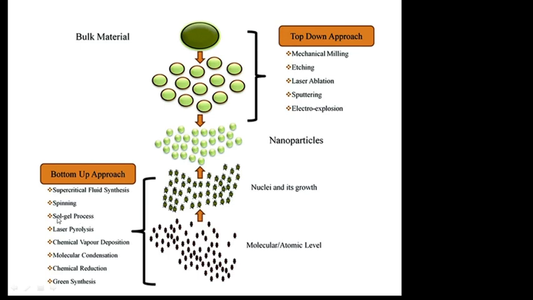It's a solid gel crystallization and growing up of molecules in a chemical process. Then laser pyrolysis, chemical vapor deposition, also known as CVD, molecular condensation, chemical reduction, and green synthesis. Now, each bottom-up method, as well as all the top-down methods, have their own merits and demerits.